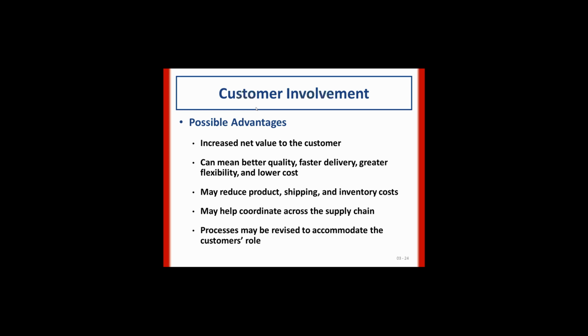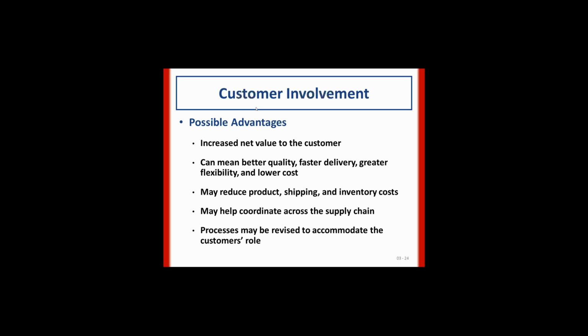Positive advantages from customer involvement can be: if you extract positive feedback from a customer, it can help organization to increase net value to the end customer. The good feedback can also help organization improve quality and fast delivery, greater flexibility and lower cost.